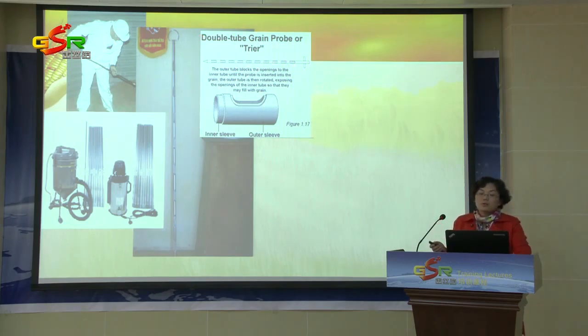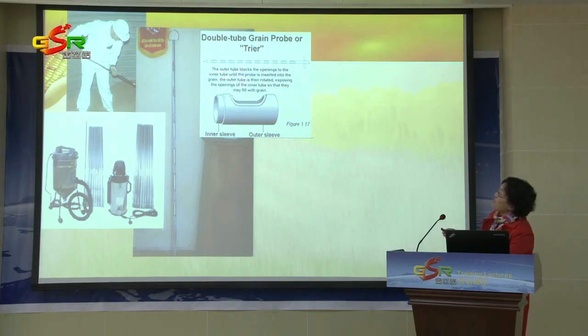The outside tube blocks the opening to the insect tube until the probe is inserted into the greens. And the outside tube rotates, exposing the opening of the internal tube so that insects may flow in with the grains. That is the outside, and there is the inside, like this one and this one.